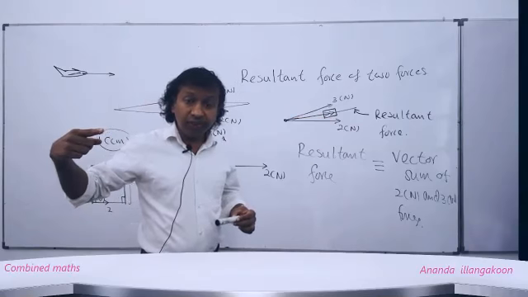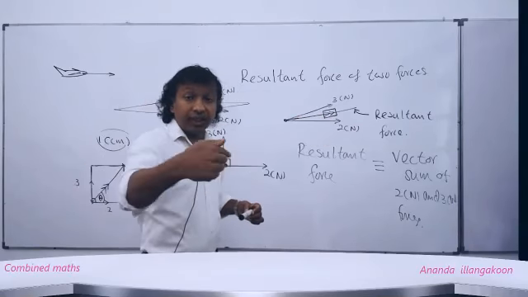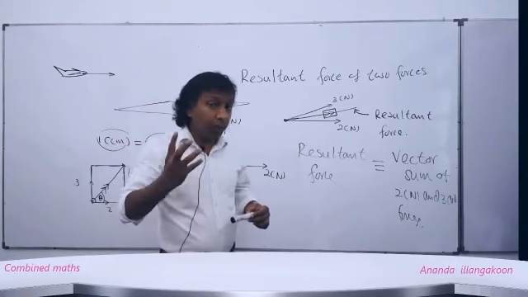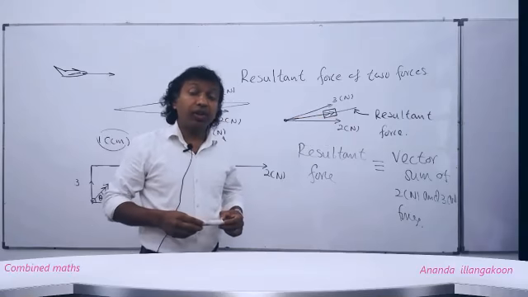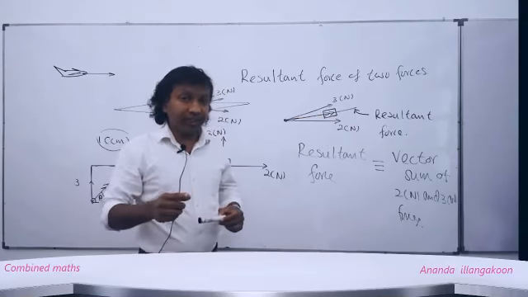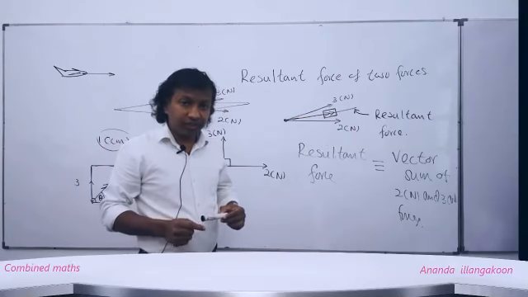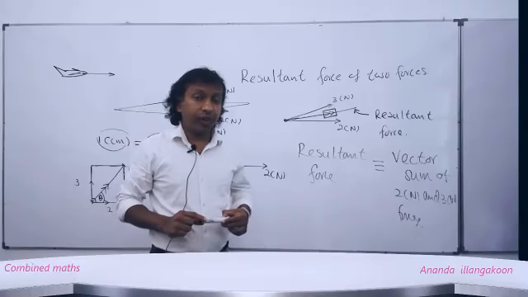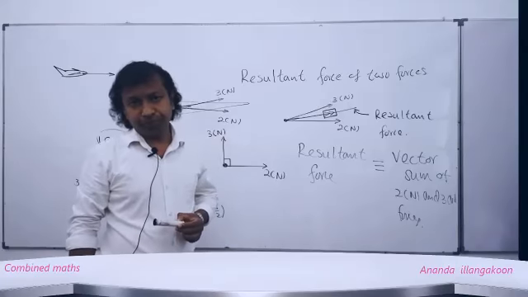The first is the previous velocity made by its engine. The other is the velocity of the wind. Since the aeroplane now has two velocities, it will move in the direction of the resultant velocity. So we have to find the resultant velocity of those two velocities.